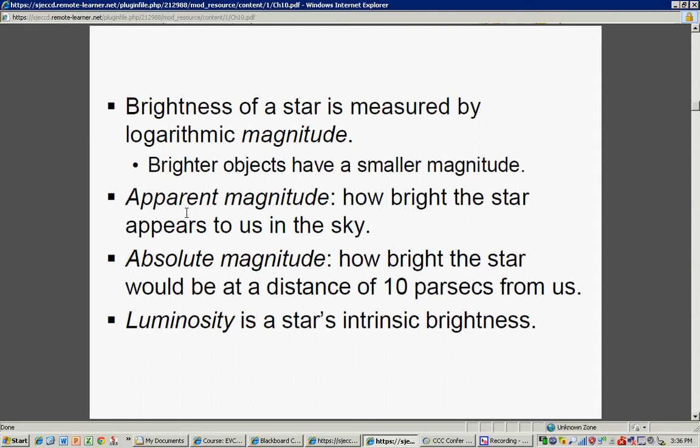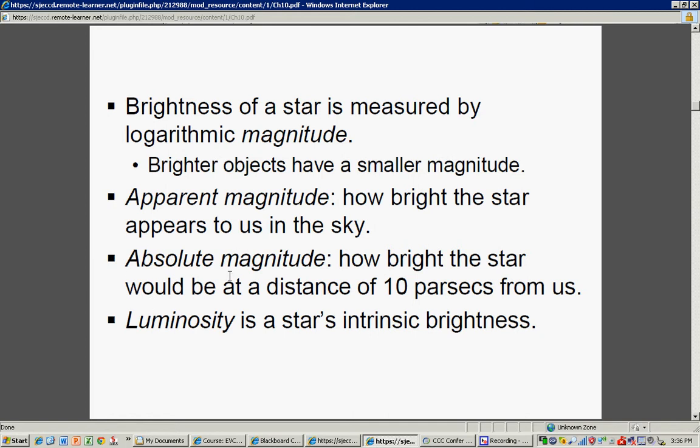One example: an object at the limit of what you can observe has a magnitude of 6.0. And Sirius, the brightest star in the sky besides the Sun, has a negative magnitude number, because it's one of the brightest objects in the sky.